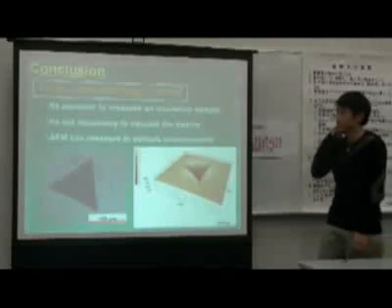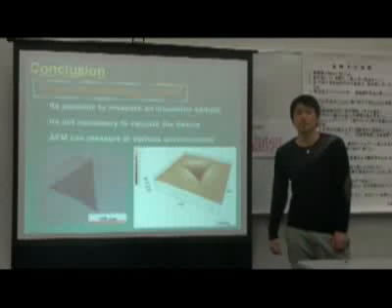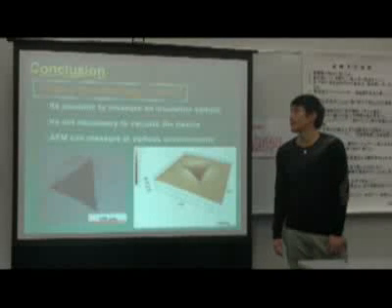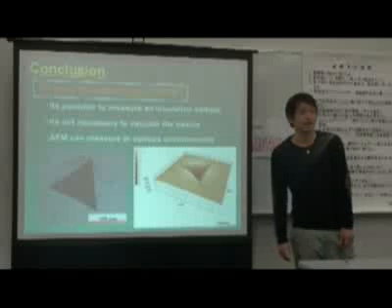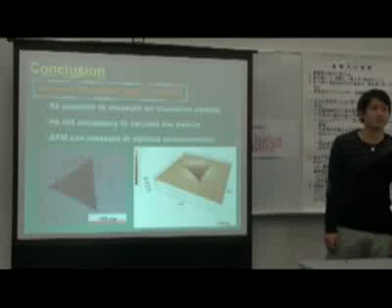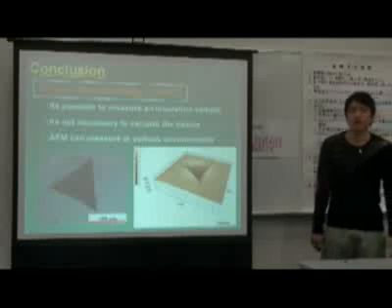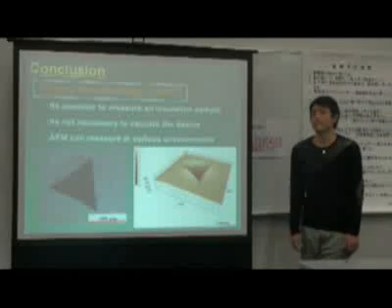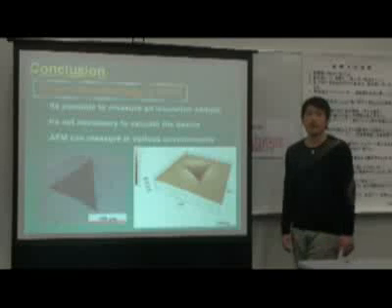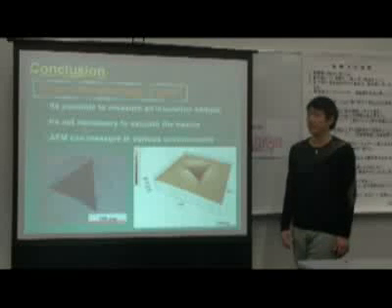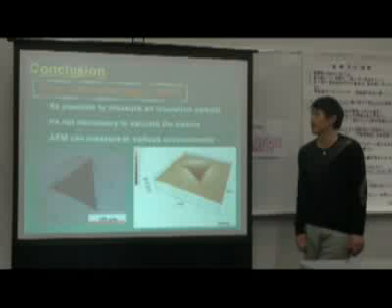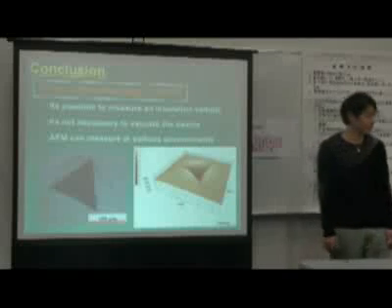It's a conclusion. The advantage of AFM is, first, other measurement devices such as the scanning electron microscope (SEM) can only measure conductive materials, but AFM is possible to measure an insulation sample.